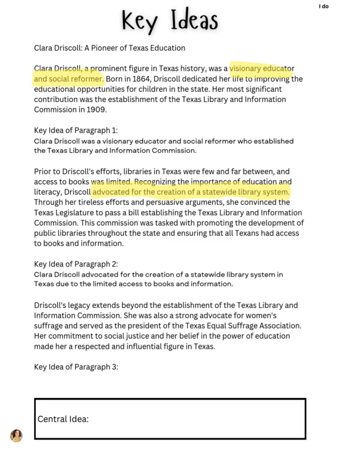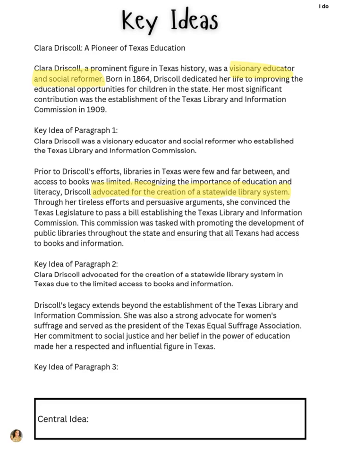Okay, so now we're moving on to the other idea given to us in this one. So I think that's the generalization, because the first sentence says she was more than just an advocate for libraries, and then the second sentence tells us what she's an advocate for. So I think that one's it, but let's keep reading to make sure.